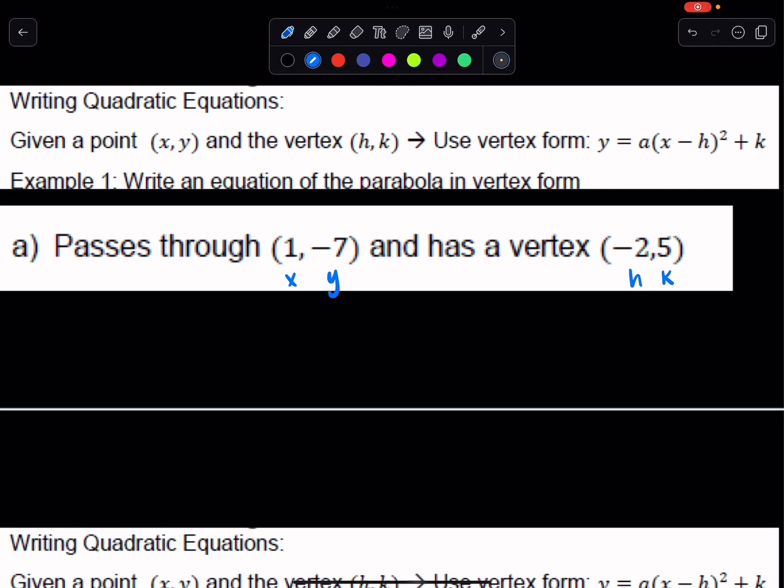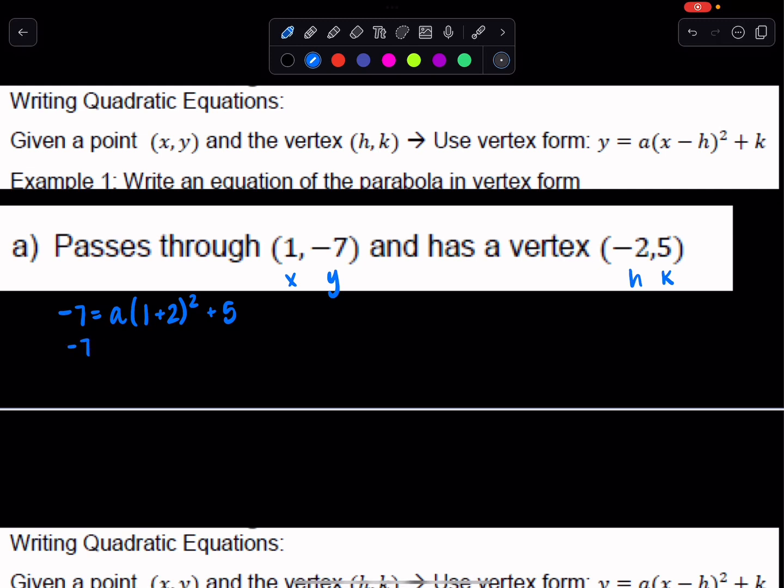So I'm replacing y with -7 equals a, I don't know, so I'm going to find it. x I'm replacing with 1 minus h, so minus -2 is plus 2, squared, plus k is 5. And then we're going to solve this for a.